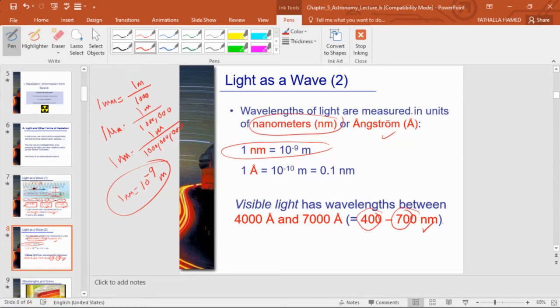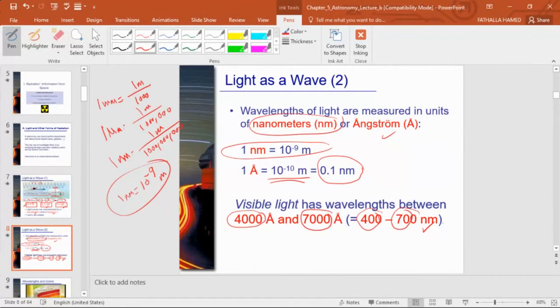That means 1 nanometer contains 10 angstrom, or we can say that 1 angstrom is 0.1 nanometers, which is basically 10 raised to the power minus 10 meters. If we apply this to visible light, the range will be from 4,000 angstrom to 7,000 angstrom. So these are used, but nowadays mostly we use the nanometers.